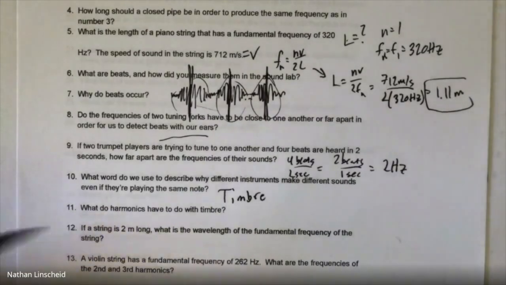And so what do harmonics have to do with that? Again, if I play a C note on, say, a trumpet, it will play the second harmonic, the third harmonic, the fourth harmonic in much smaller amplitudes, but still they all combine in there to give that particular note from a trumpet its unique sound.